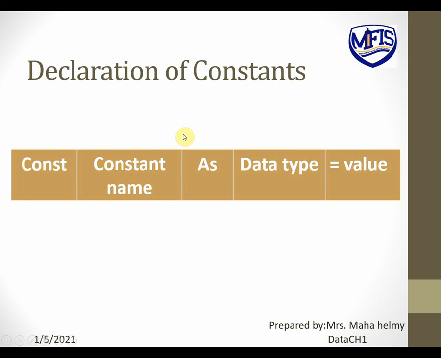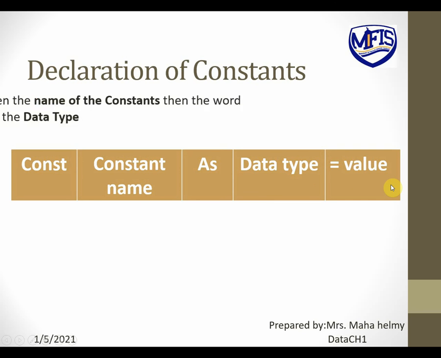So how to declare constants? To let Visual Basic .NET know that we have a constant, and that this constant holds a fixed value which will never be changed during the program runtime, we have a rule to declare the constant: Const constant name As data type = value.